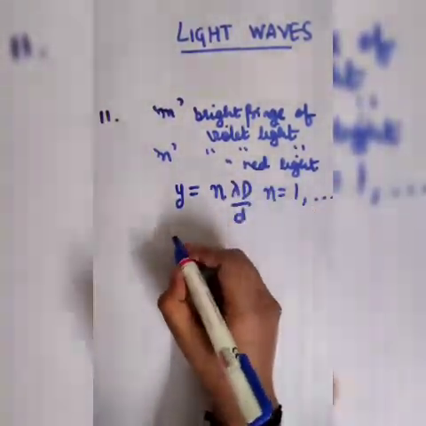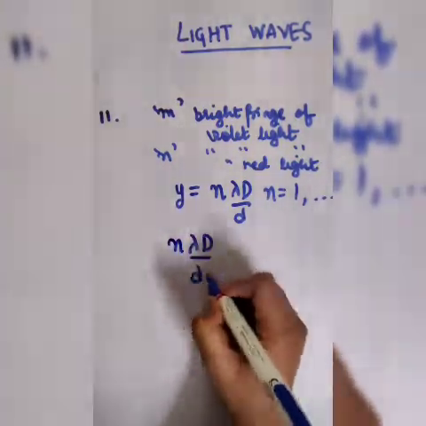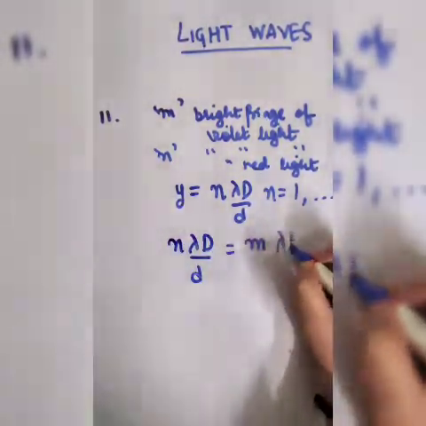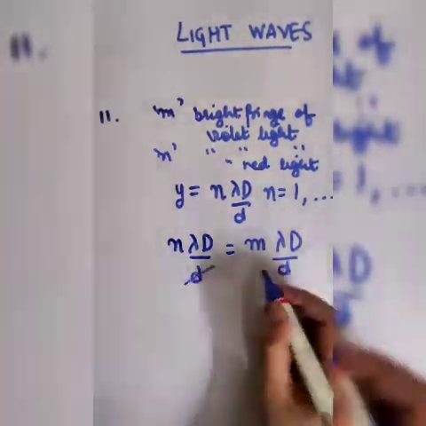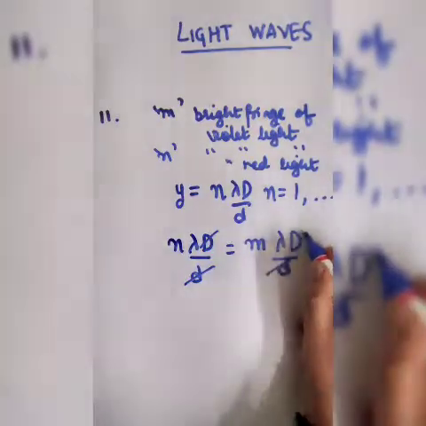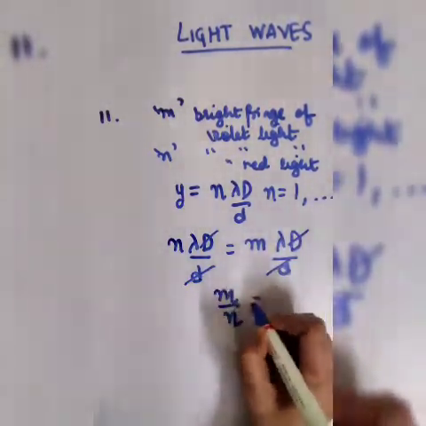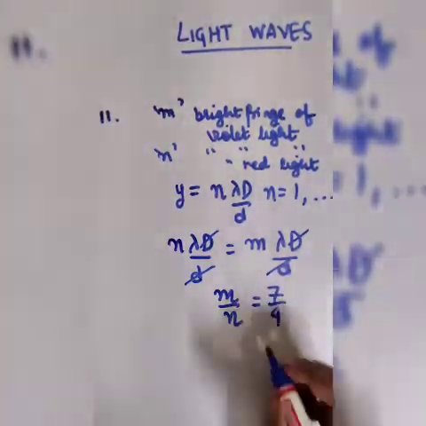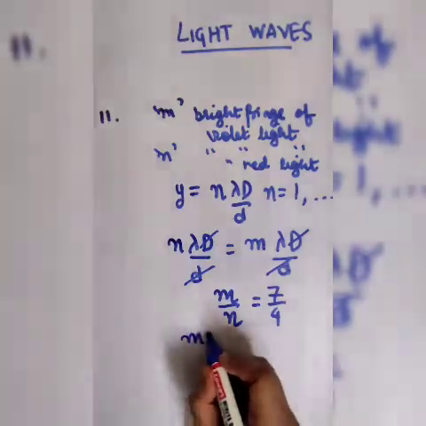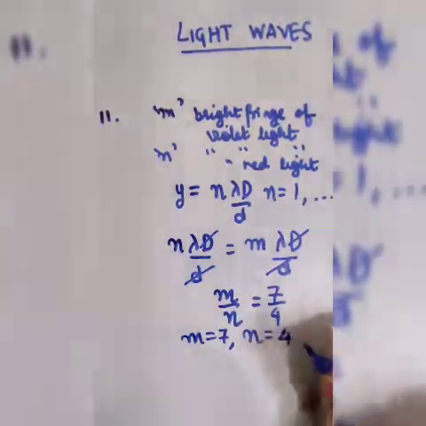If I equate this with the mth fringe of the other wavelength, this is what the question is actually asking us to find. So d gets cancelled, capital D also gets cancelled, so m by n comes out to be 7 by 4. So the minimum order of m will be 7 and the minimum number for n will be 4.